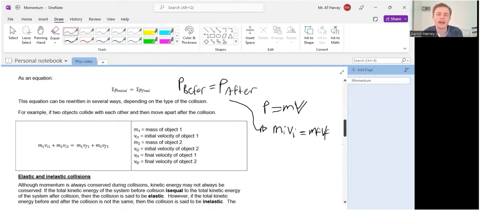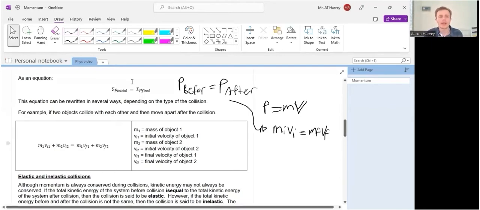And now, obviously, in isolated systems, we're not always going to have a singular object. But because we talk about the system, that whole system's momentum will stay constant. So you could end up with formulas looking similar to this one here, where you've got your mass times your initial velocity of object 1 plus your mass times your initial velocity of object 2 is equal to the mass times the final velocity of object 1 plus the mass times your final velocity of object 2.